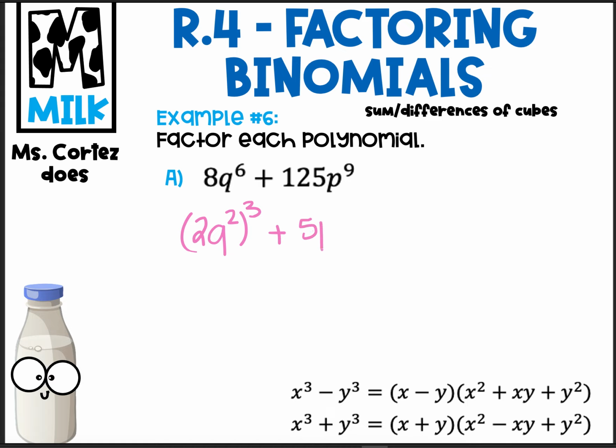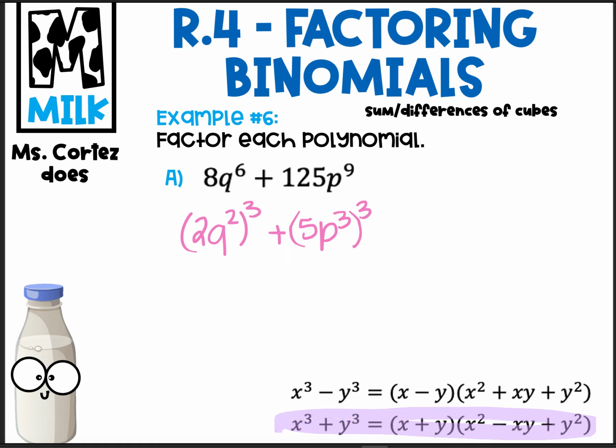And p to the 9th power, I can write as p to the 3rd power to the 3rd power. Again, this is because of the properties of exponents. When you have a power to a power, you multiply them. I'll need to factor 9 and 6 in a way that I can use 3 as my power, so I can use the sum of cubes formula.